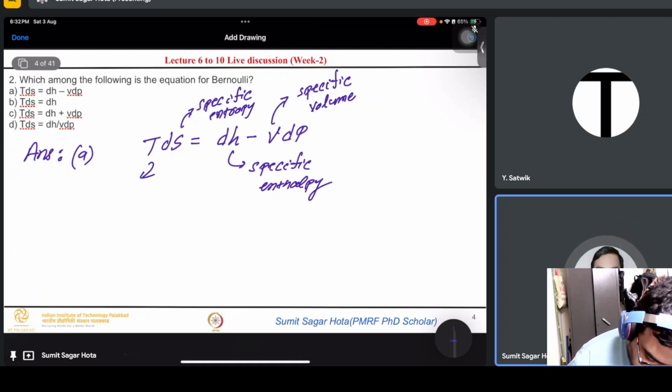This obviously you know, temperature and pressure. This is the Bernoulli's equation.